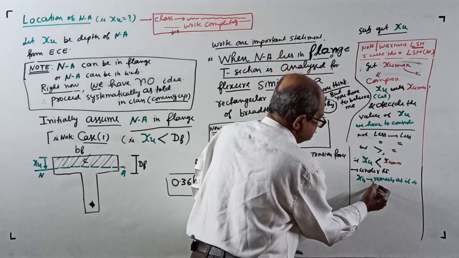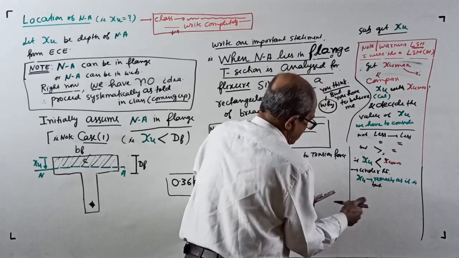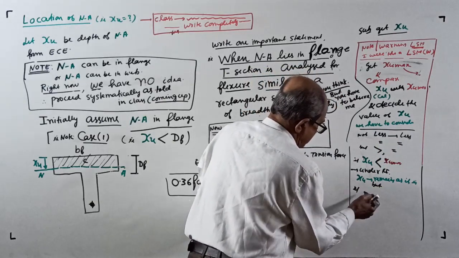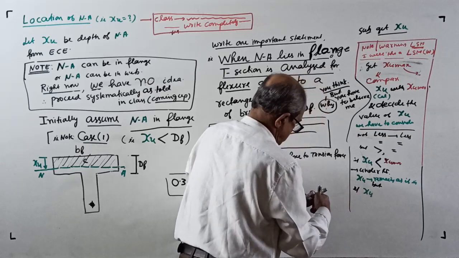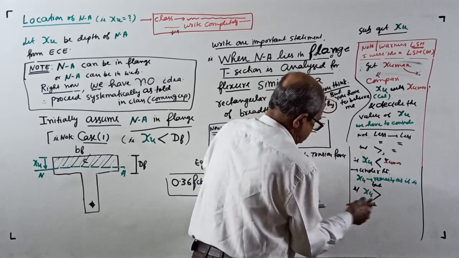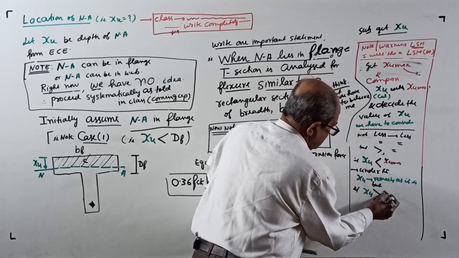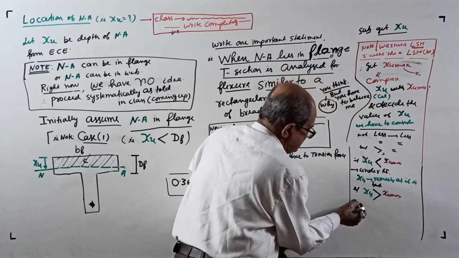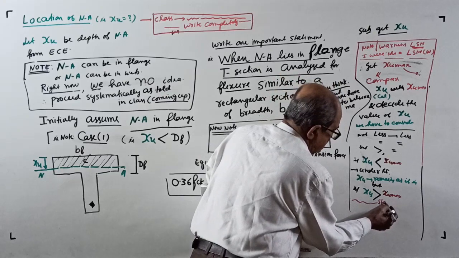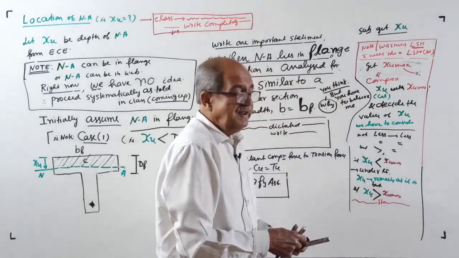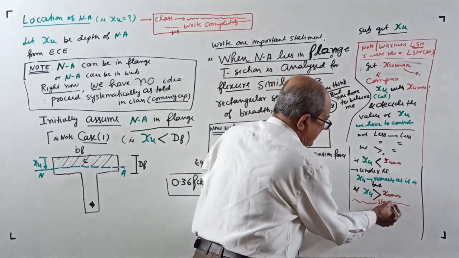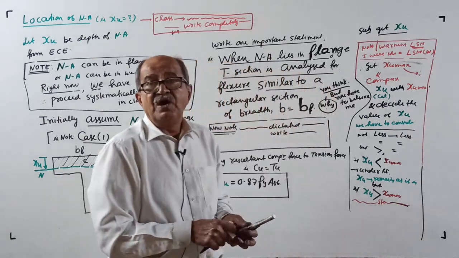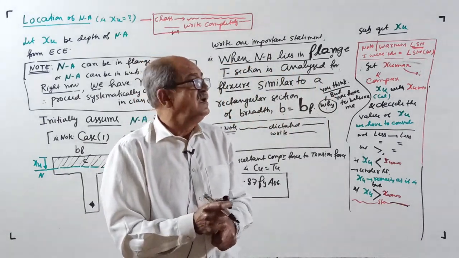But if your xu is more than xu max, one statement you have to write. I will dictate here: cross section is over reinforced.